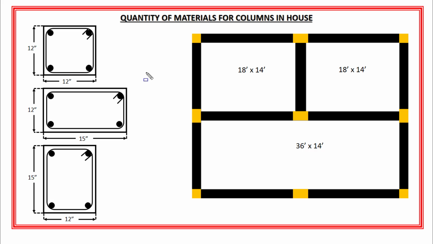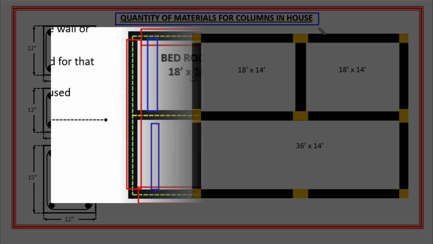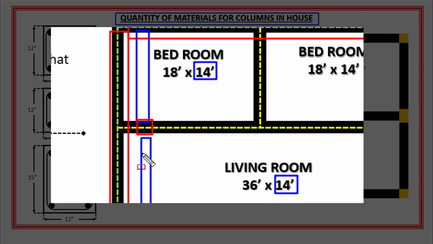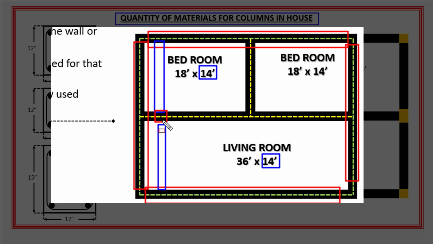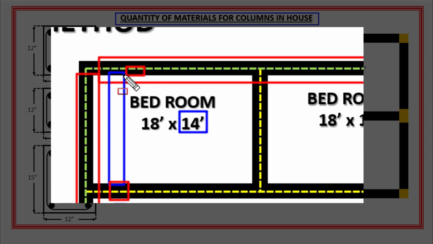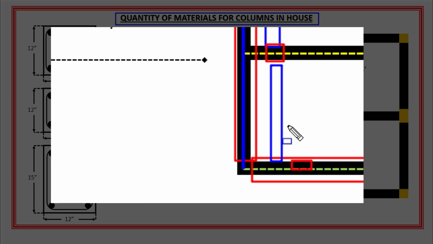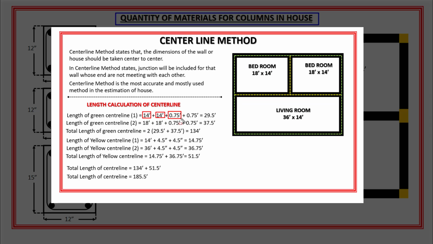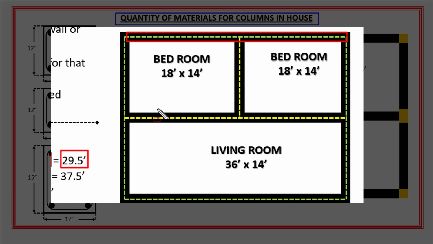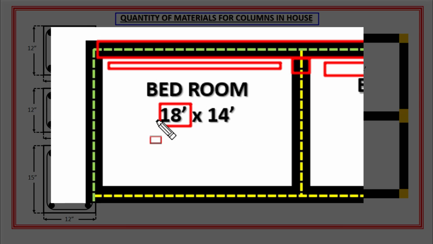Okay, so in today's video, our topic is how to calculate the quantity of materials for multiple columns in a house. Now in the first two parts of estimation of house course, I have briefly explained about the center line method, and also I show you how to calculate the quantity of earthwork for house, quantity of PCC, quantity of brickwork in foundation, quantity of sand filling in foundation, and also the quantity of DPC as well.